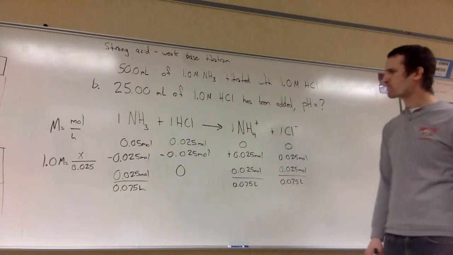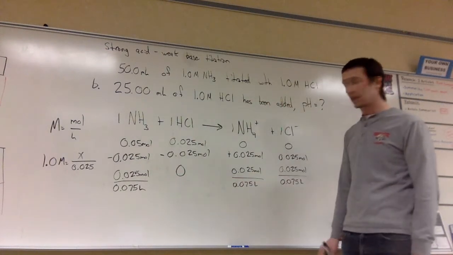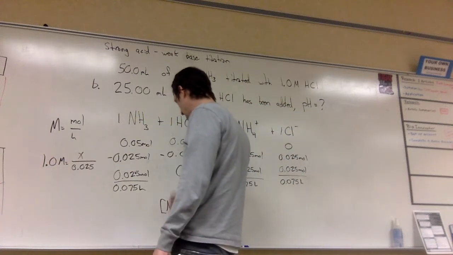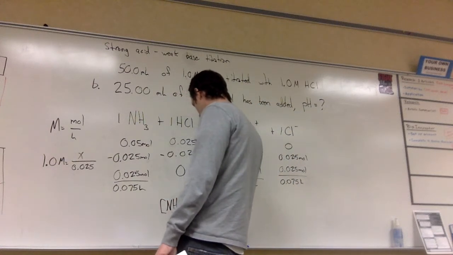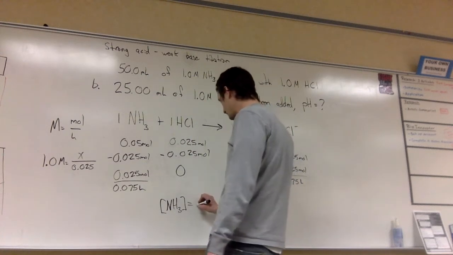Right? Which means that we can find the concentration. And what I would like to point out here is that the concentration of NH3 is equal to the concentration of NH4 plus.